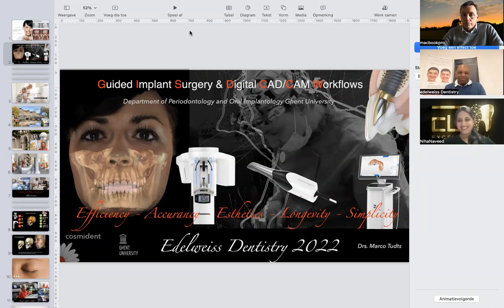There is one more question. How about the strength and staining after treatment with the Edelweiss system? Dr. Marco? The strength is no problem at all.